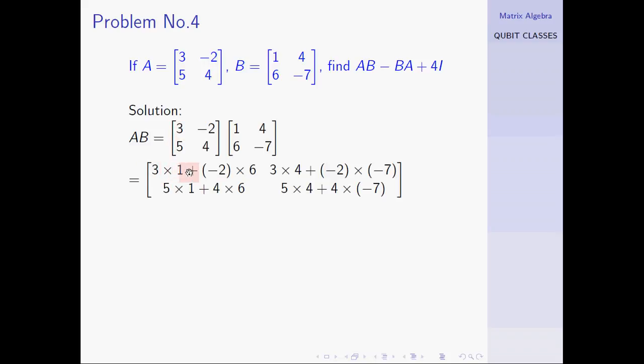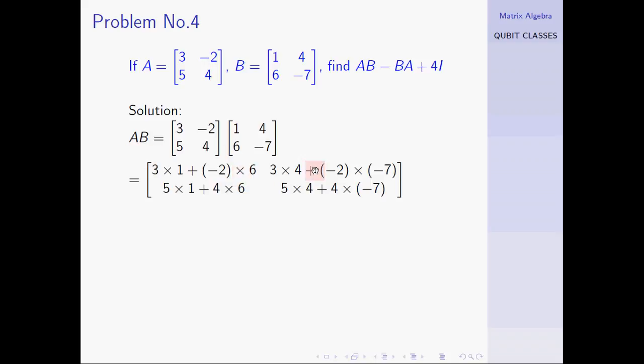To that product, you add the product of -2 and 6. So you have taken the first row, the first column, and multiplied respective elements. That gives the element in the first row and first column of the product.